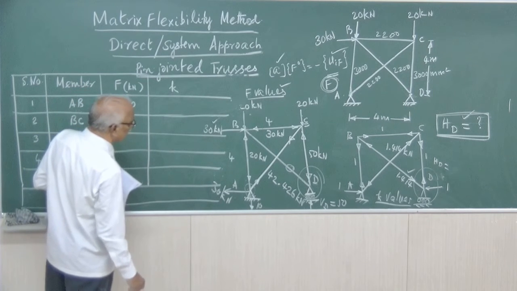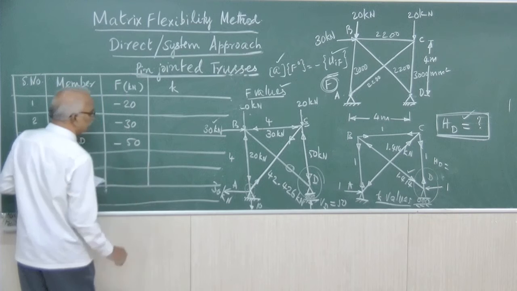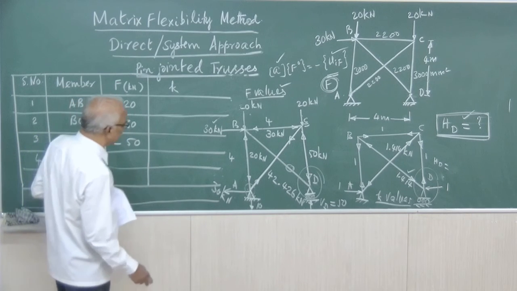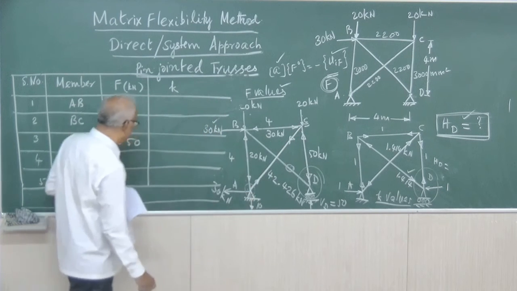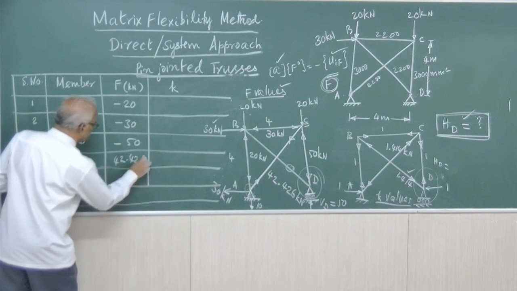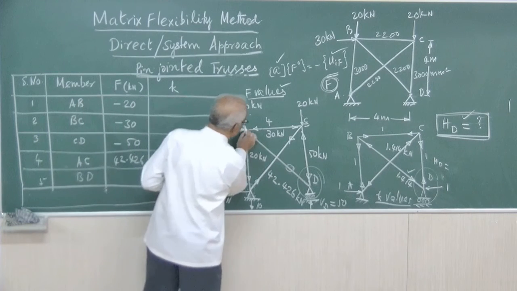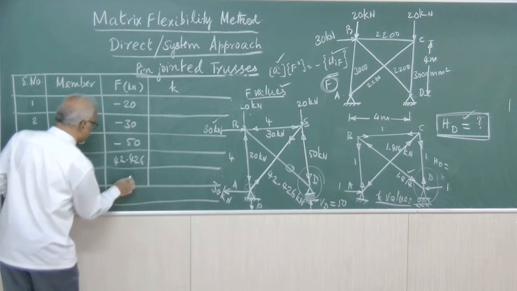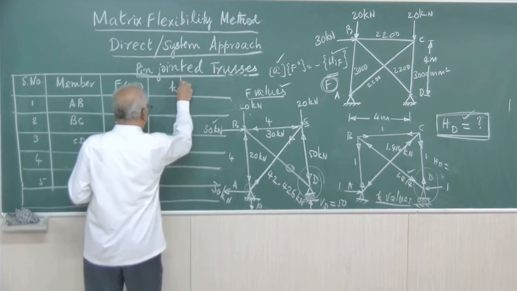For CD it is minus 50, and for AC this member is under tension, 42.426 plus, and the member BD is a dummy member here. It's not carrying any force, therefore this value is 0. So that is F values.